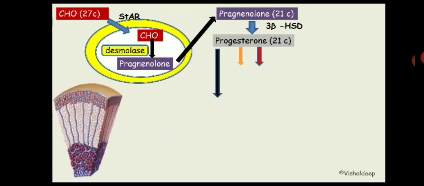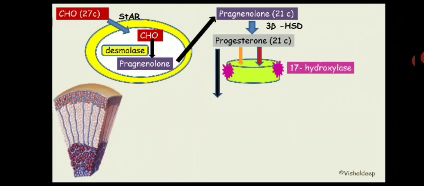Now the hormones, the cortisol and the sex hormone or androgen, enter inside the first workstation of our factory. Inside the workstation there are 2 robotic arms. The name of that robotic arm is 17-hydroxylase. What does this 17-hydroxylase do?